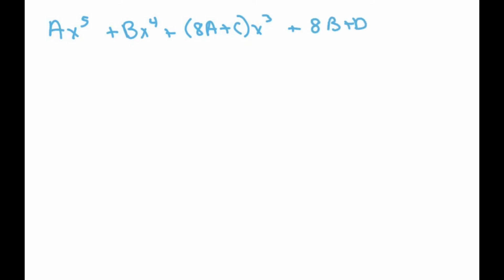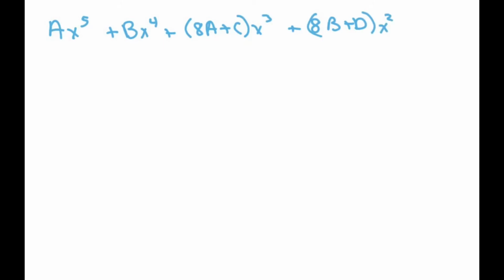So when you do that, you're going to get ax to the 5th plus bx to the 4th plus 8a plus c, and I'm pulling out that x cubed, plus 8b plus d x squared.